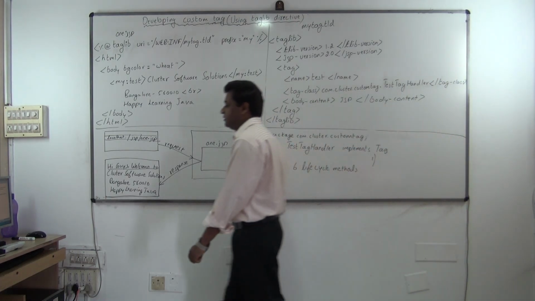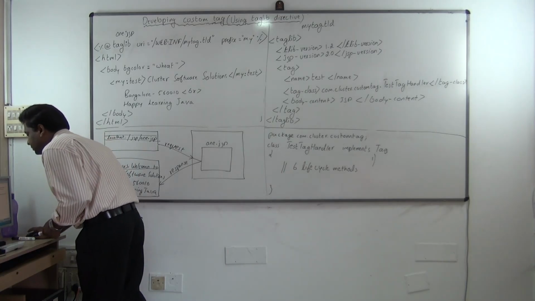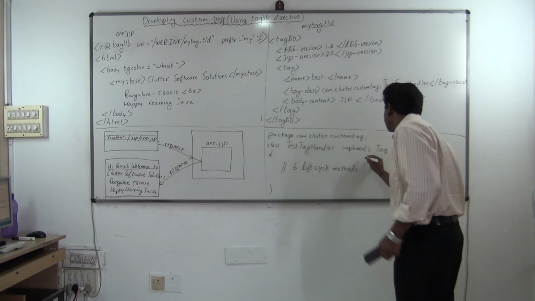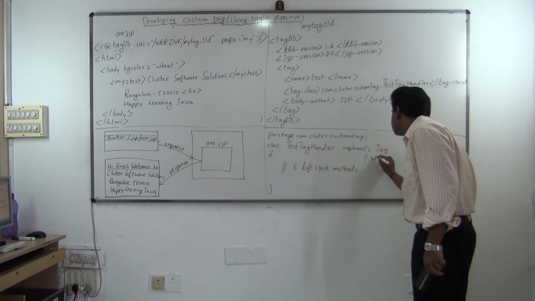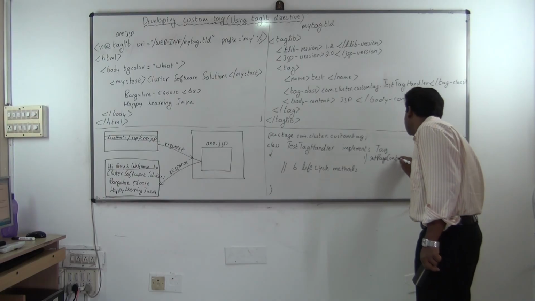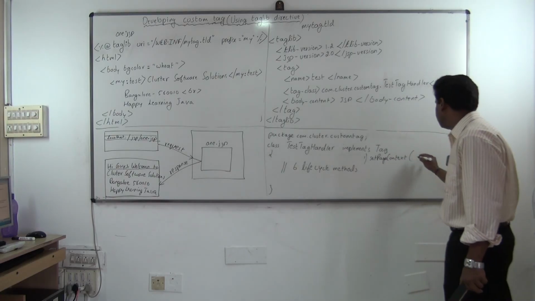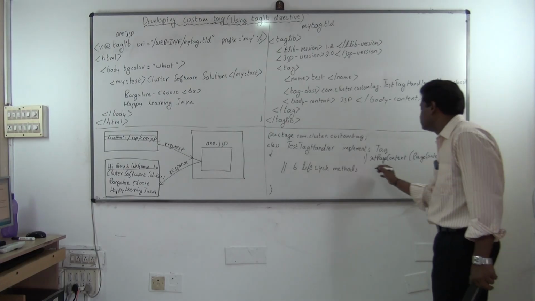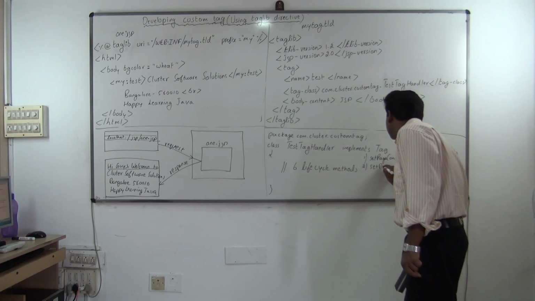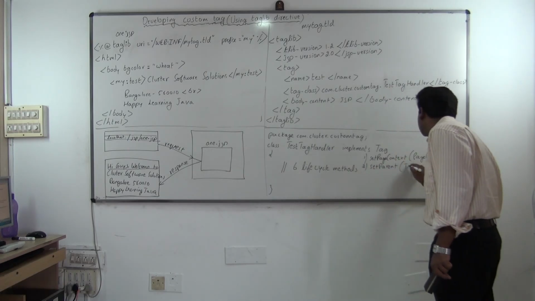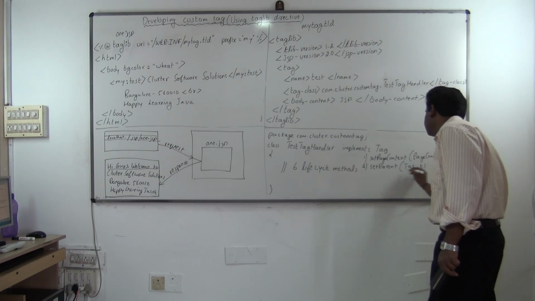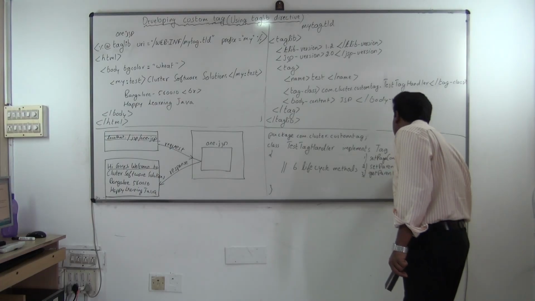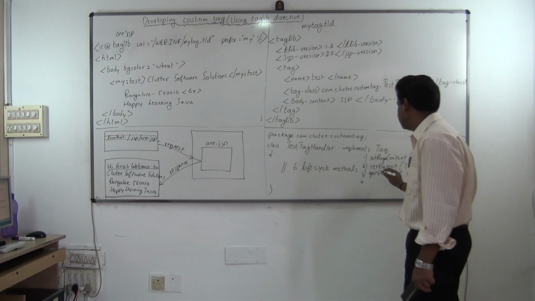The first one is setPageContext, which has one parameter of type PageContext. Second one, setParent with a Tag parameter. Then getParent, which also has a return type. I am not writing the return type.